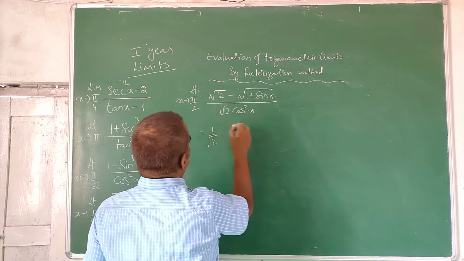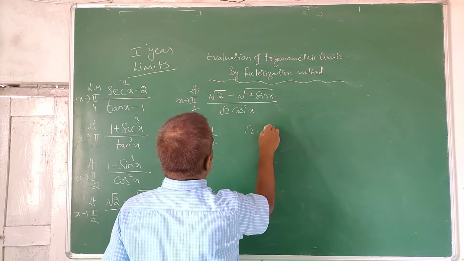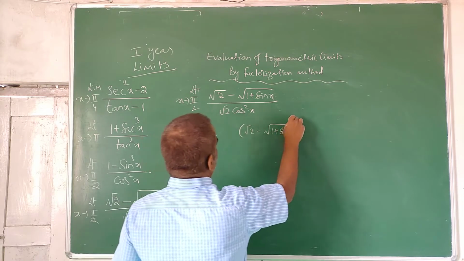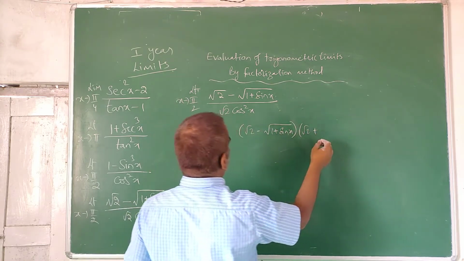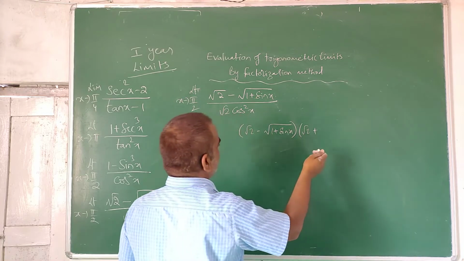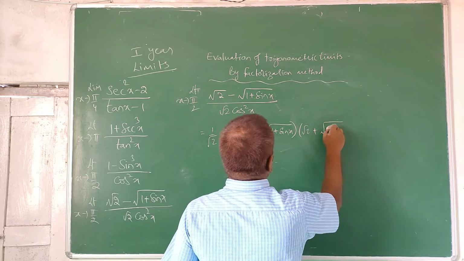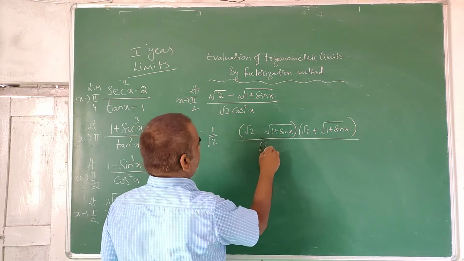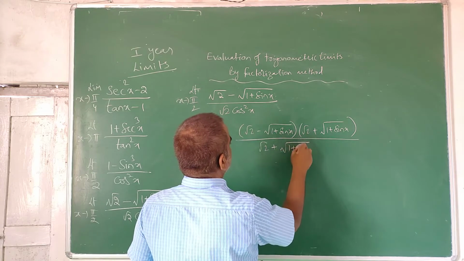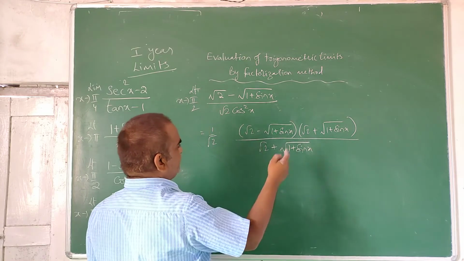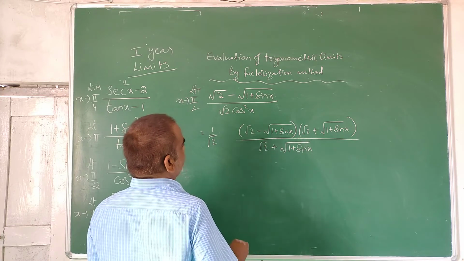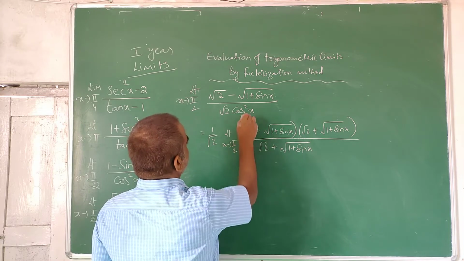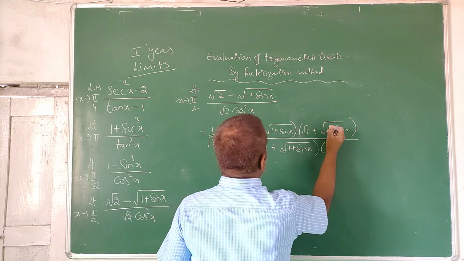Now root 2 minus root 1 plus sine x has to be rationalized, so multiply with the conjugate, root 2 plus root 1 plus sine x, divided by root 2 plus root 1 plus sine x, multiplied and divided, as limit x tends to pi by 2. And here cos square x is there, you write it as it is.